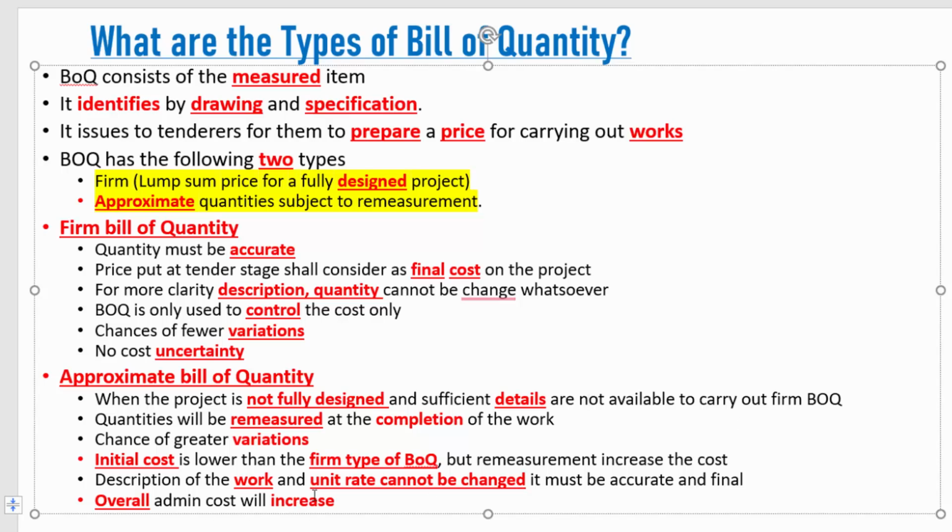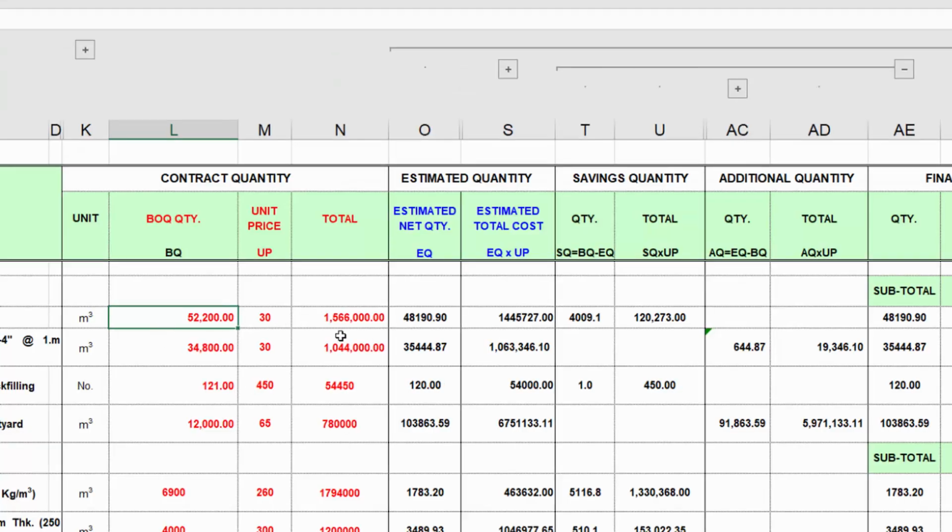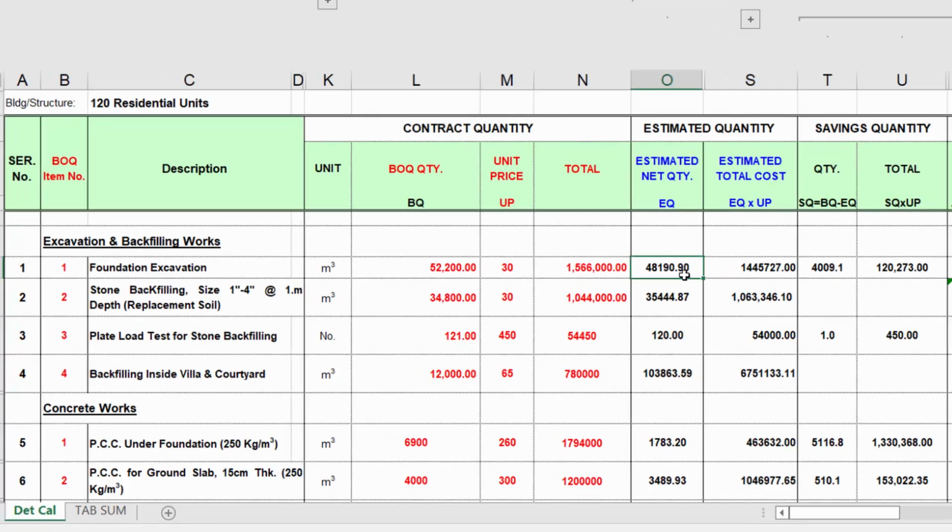Then, description of the work and unit rate cannot be changed. Again, the same thing: description and unit rate cannot be changed. The only thing that changes here is the quantity, and the rest of everything will remain the same.